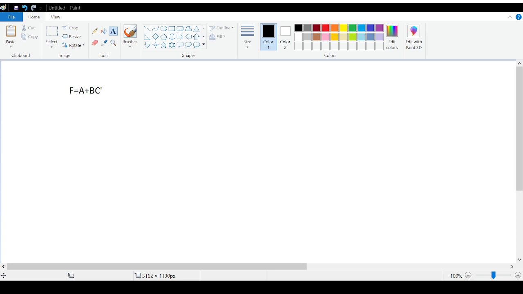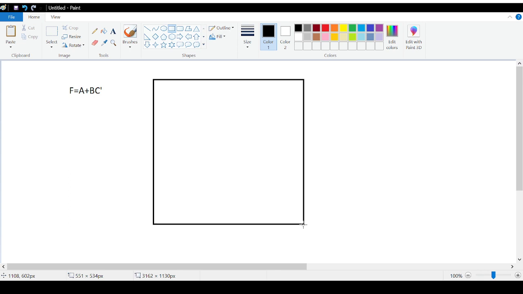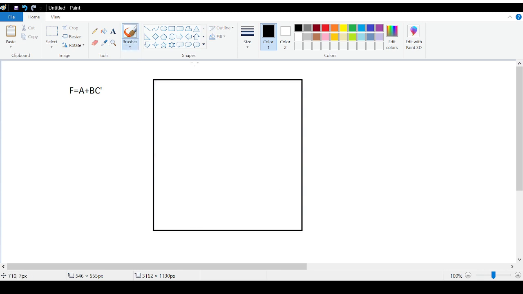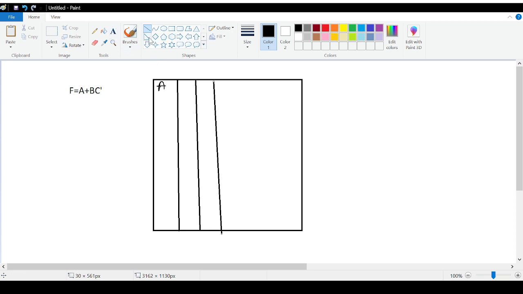Okay, so let's see. For the truth table, what do we do? First I'll have columns for A, B, C, right?